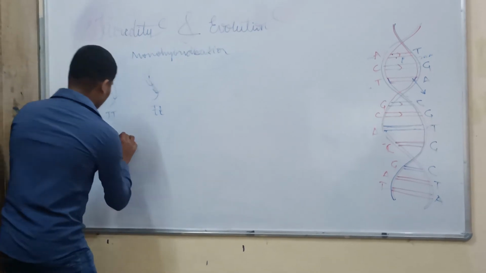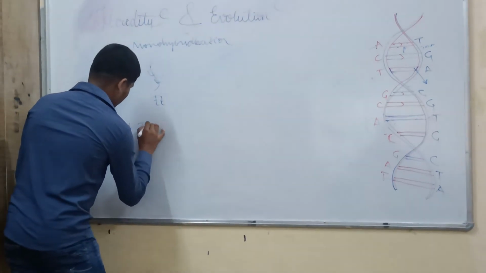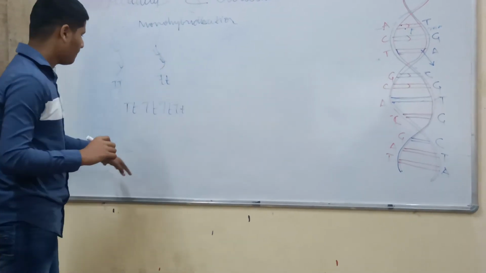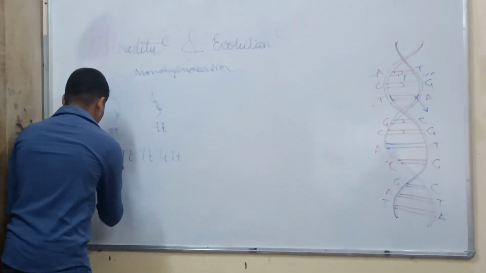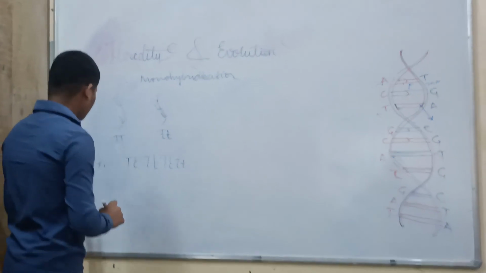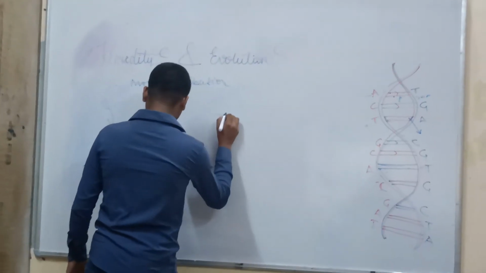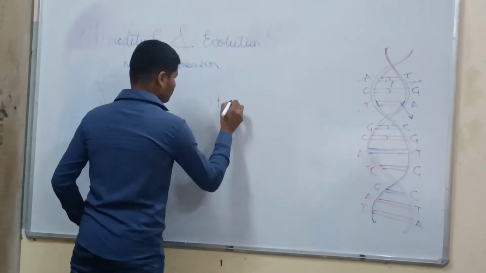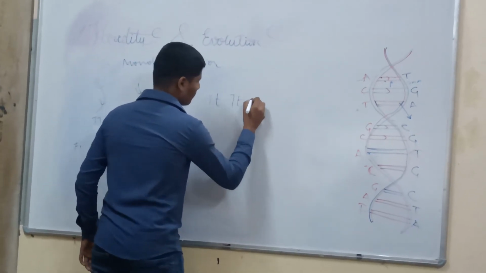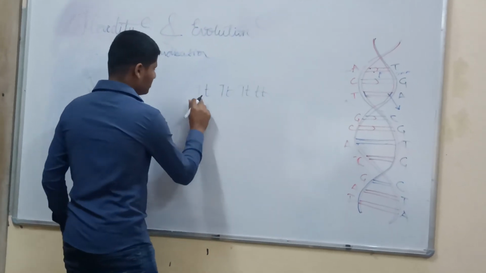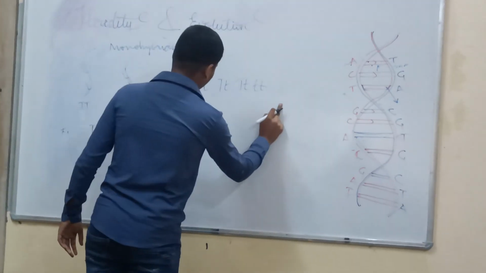When he crossed them, he got Tt, tall plants only. This was the F1 generation, but he didn't stop here. He crossed it again. It means these are the tall plants and this is the short plant.